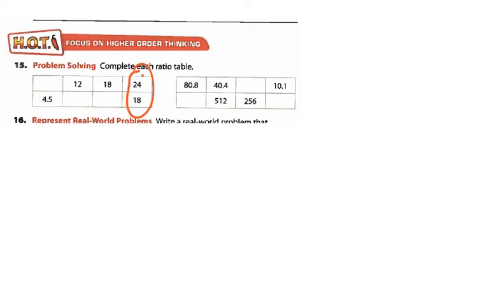Okay, so my best advice to you is to take this 24/18 and put it into simplest form. Okay, so in order to do that, I'm going to find the greatest common factor so I can reduce this. So I'm going to say 24 and 18. What will go into both?